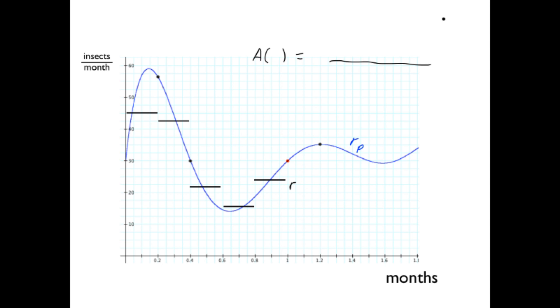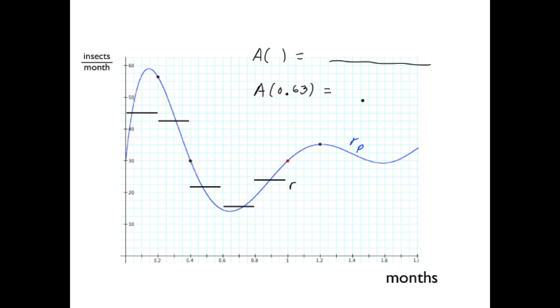Let's talk about a particular value of A, say A of 0.63. By talking through the calculation of A of 0.63, we can talk about the structure of the A function.